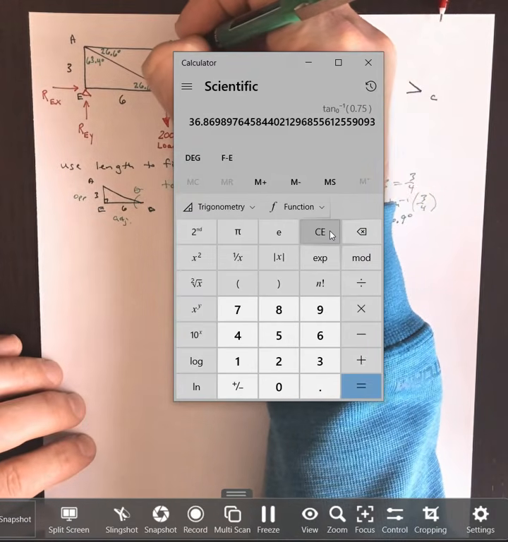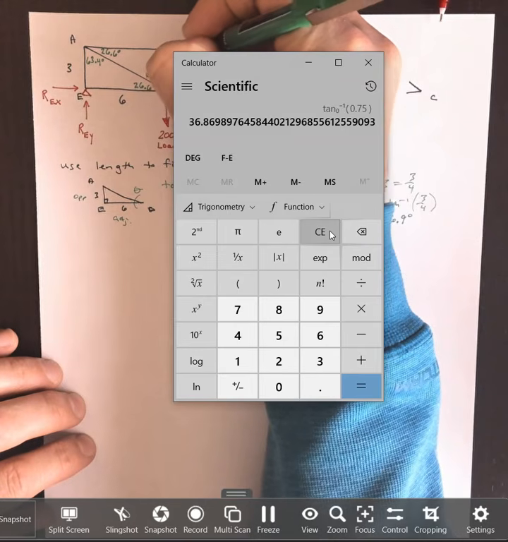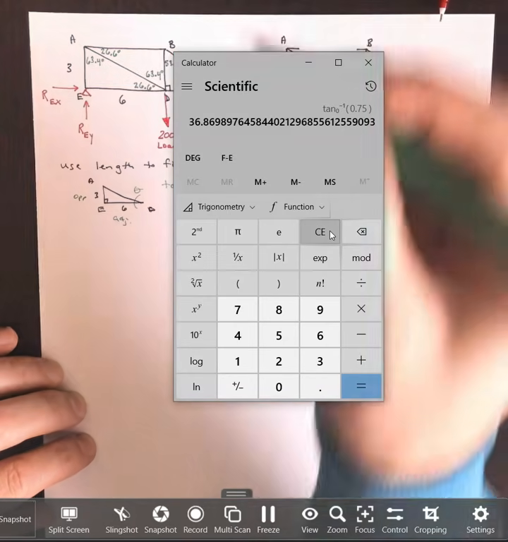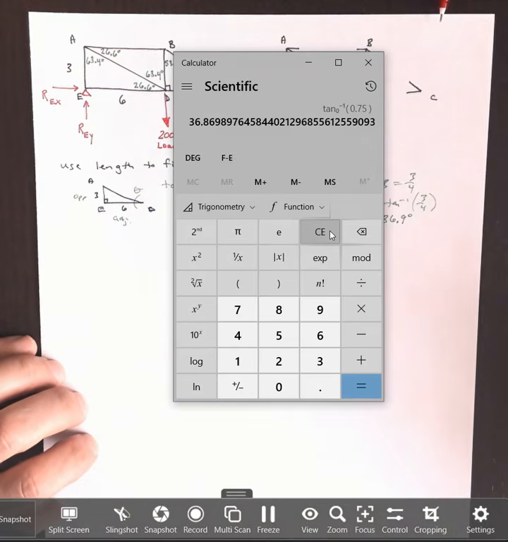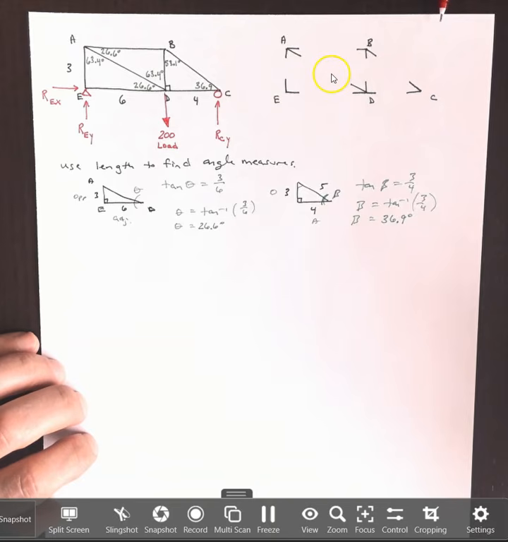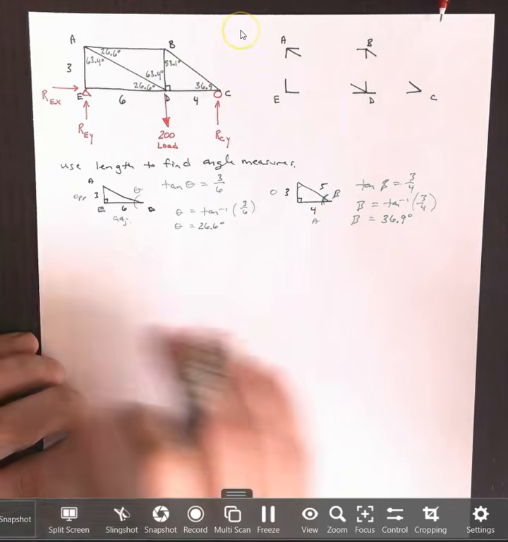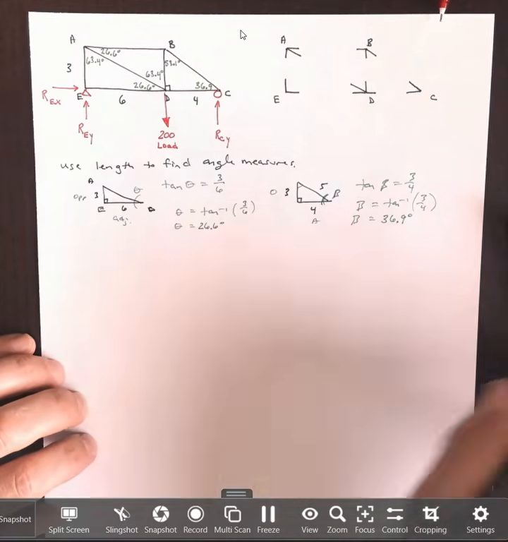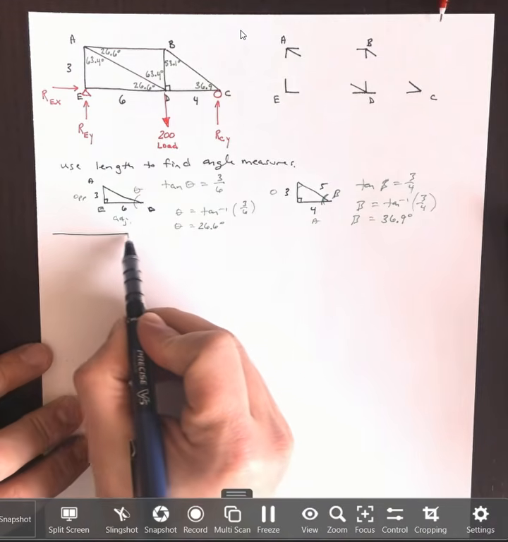So this is going to be 53.1 degrees up there at vertex B with a complement. Okay, so that was the first step, knowing the angles.